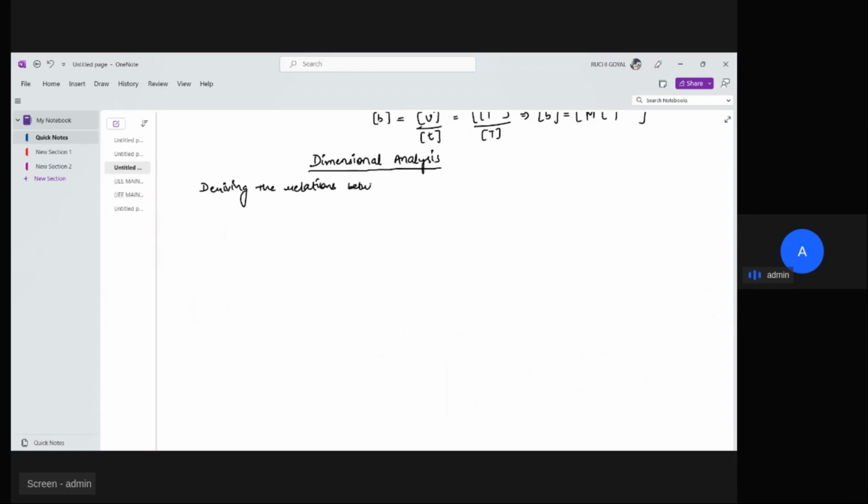Physical quantities relations we can derive using dimensional analysis, DA, right?